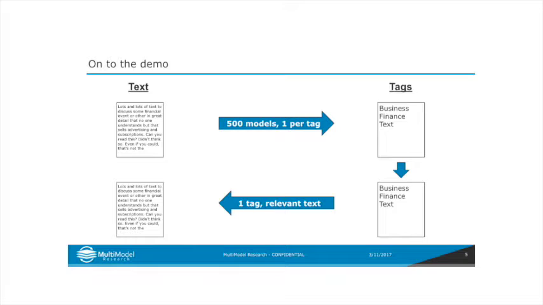But there's another half of the demo, which is our models can run in reverse. So we can select the tag and see which text actually pointed to that tag. That's quite important, especially in medical records, for instance, where you have to show justification for making a claim the way you did. So let me switch to the demo.